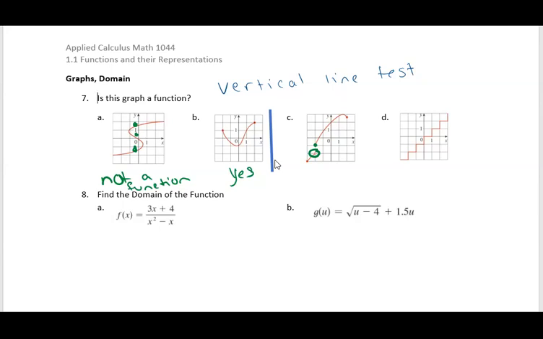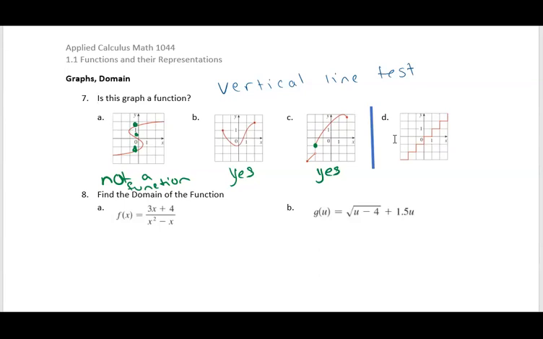We can get very, very close to -2, but we're not using -2 in that case. And then towards the top, this one right here is colored in, meaning that's the value for when x is -2. So let's try it. I can trace my vertical line over that graph. So yes, this one is a function.